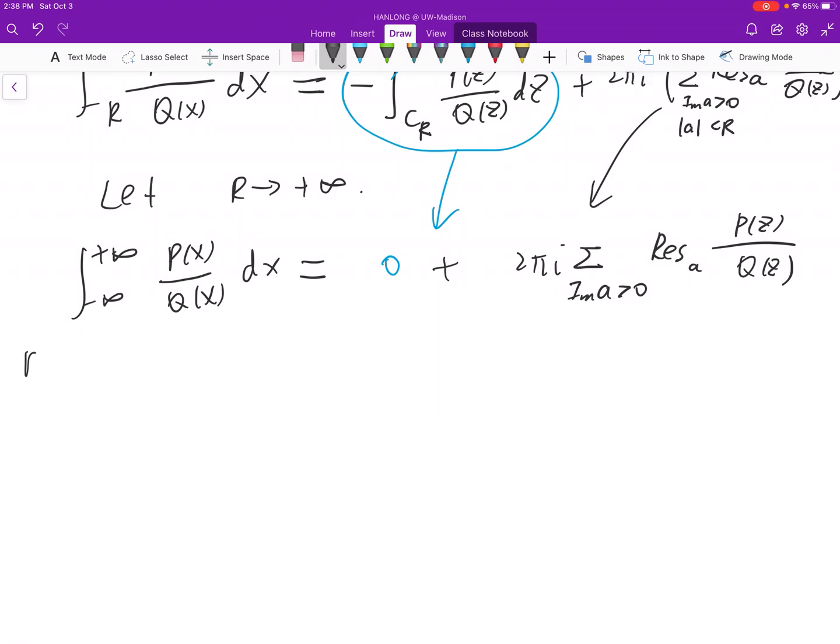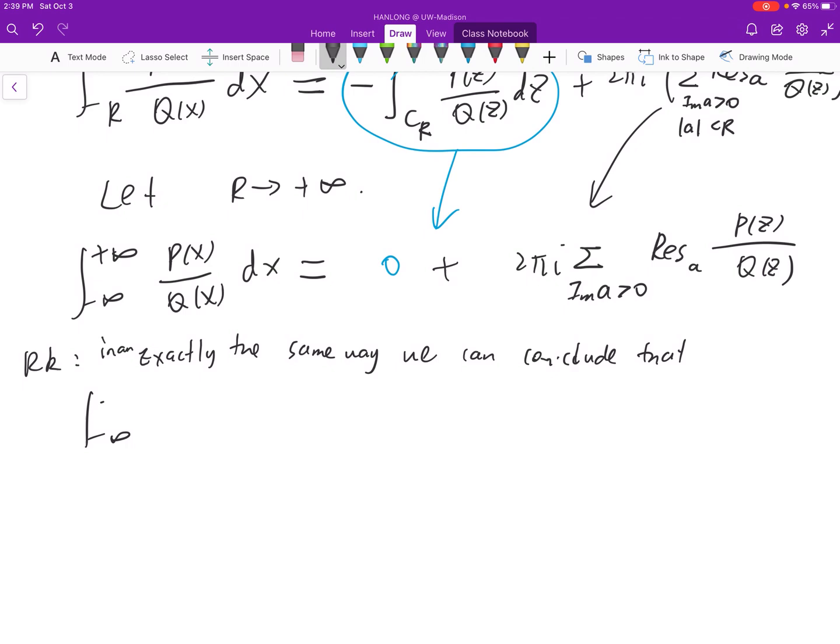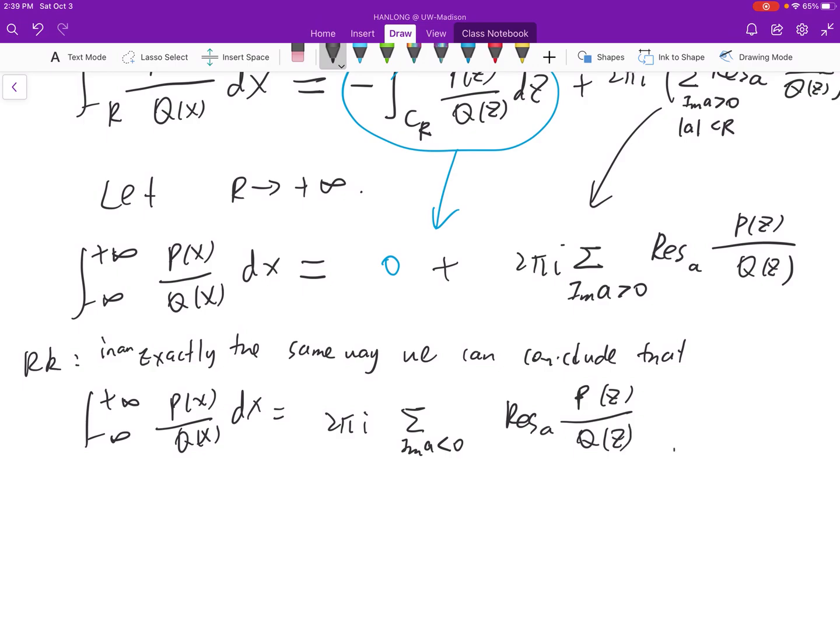Okay, and as we remarked before, in exactly the same way we can conclude that the real integral is 2 pi i times the summation of residues of the rational function at poles A with imaginary part less than 0.